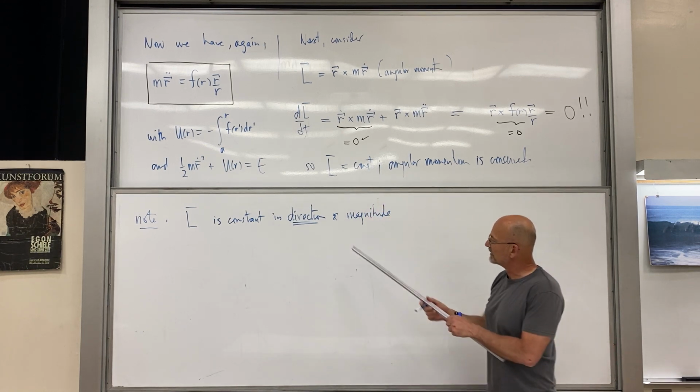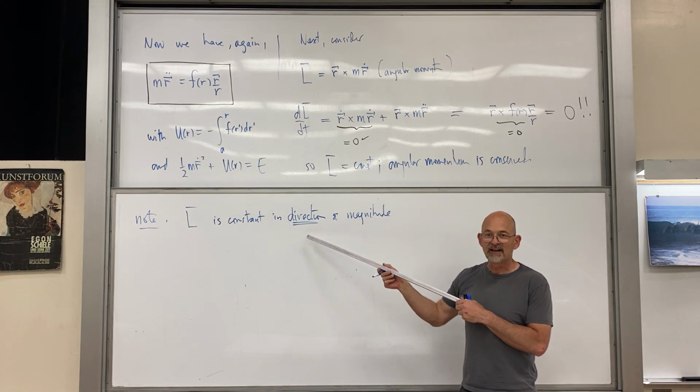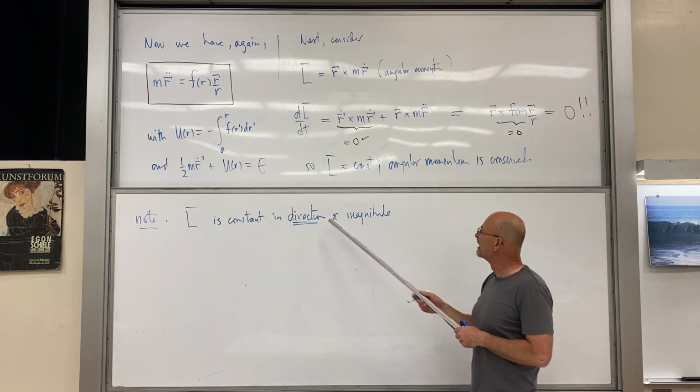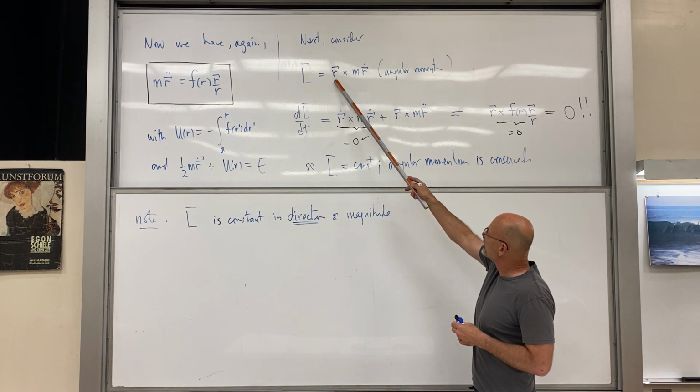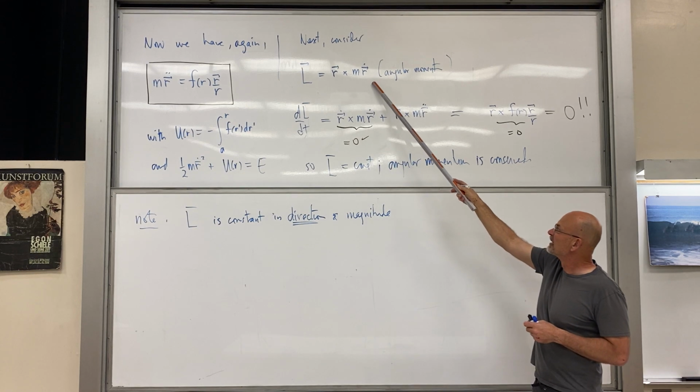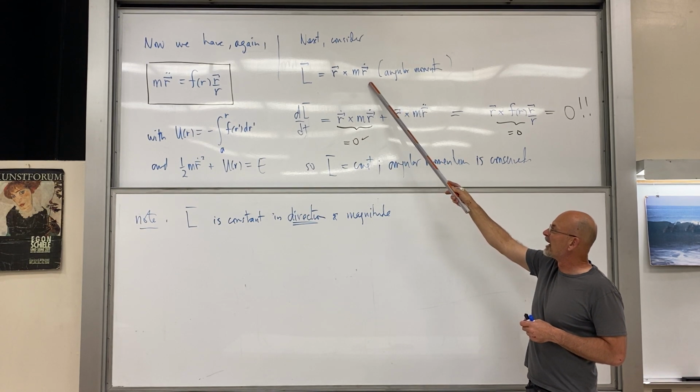The fact that it is constant in direction means it's perpendicular to a plane. And that plane is the plane in which r and r dot are found.